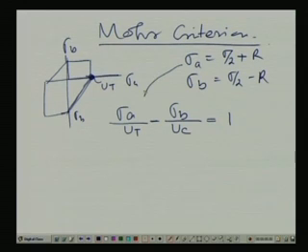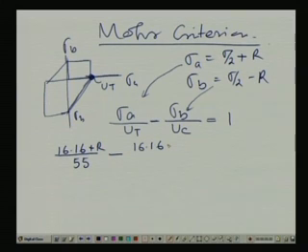So, you just substitute these values over here. If we substitute these values, then what we get: (16.16 plus R) divided by 55 minus (16.16 minus R) divided by 110 equals 1.